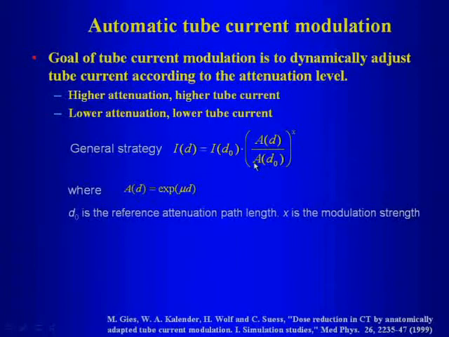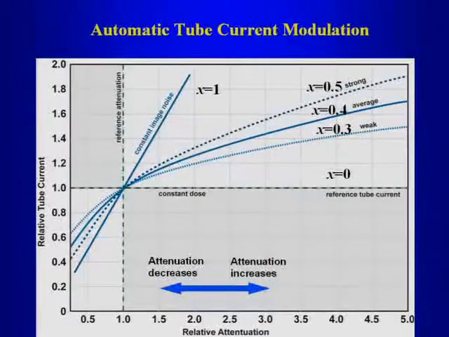The basic principle of automatic tube current modulation was nicely described in the original publication by Gies, Kalender, et al. And there is a very important parameter in this formula, the X, which is the modulation strength. This figure demonstrates how the modulation strength affects the tube current modulation.